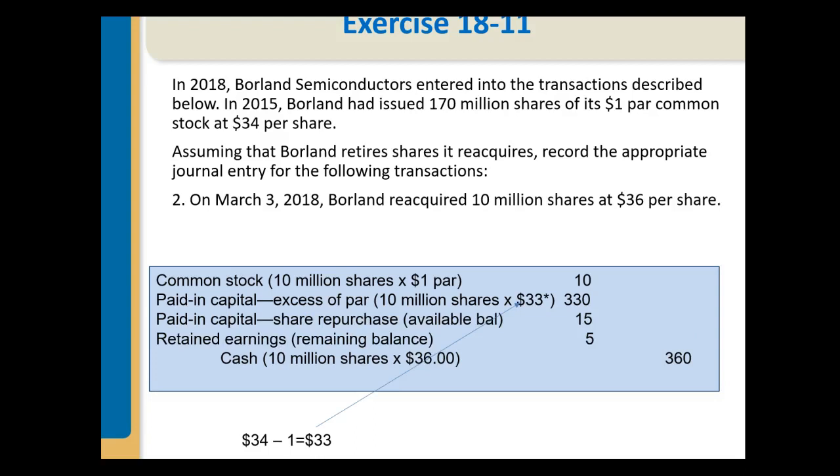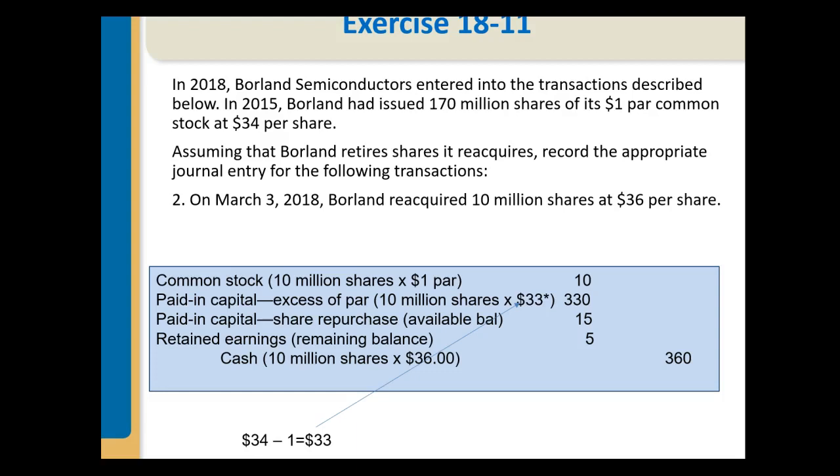Now on March 3rd of 2018, Borland reacquired 10 million shares at $36 per share. Again, remember, they were issued for $34 a share. So we're going to again debit our common stock for the par, debit our paid in capital in excess of par for the difference, the 34 they were issued for minus the par, the 33 at 10 million in paid in capital in excess of par.